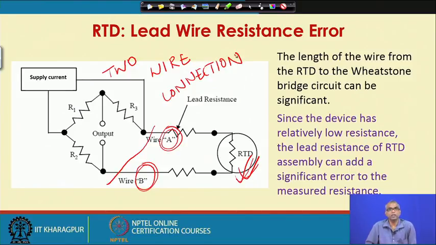So, in these two-wire connections, the resistance of both the wires will add up.